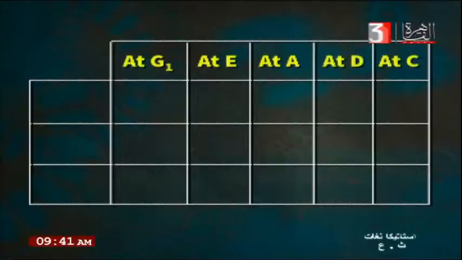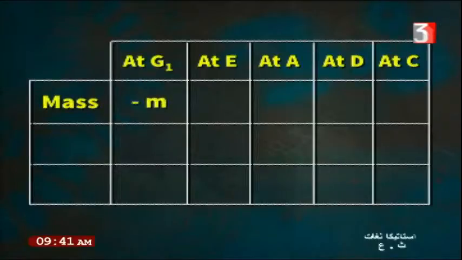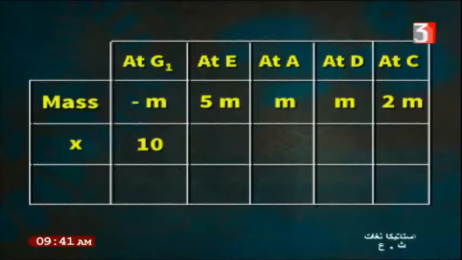From the table, add G1, E, A, D, C. We have 5 masses. At G1 negative M, at E 5M, at A M, at D M, at C 2M. X coordinates: 10, 6, 12, 0, 0.